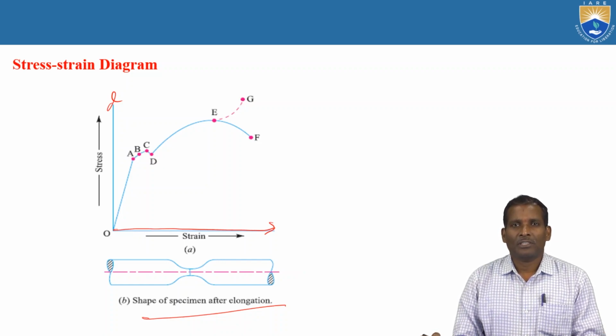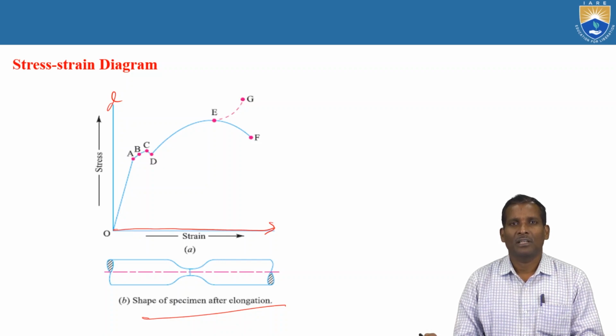Before explaining this stress strain diagram, I want to discuss the mechanical properties. What are the important mechanical properties? You already know the mechanical properties are strength, hardness, ductility, malleability, elasticity, plasticity, creep, etc.